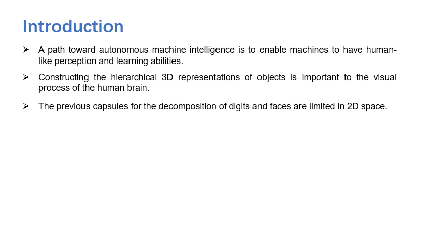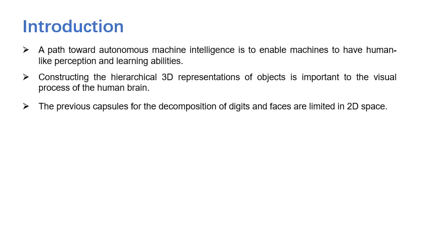After observing a large scale of unlabeled images, previous methods successfully decompose digits or faces into a set of parts. However, this strategy performs well when the objects are intrinsically 2D, like handwritten digits and frontal faces, but has difficulty in interpreting 3D objects in the real world, especially when we want a view-independent representation.